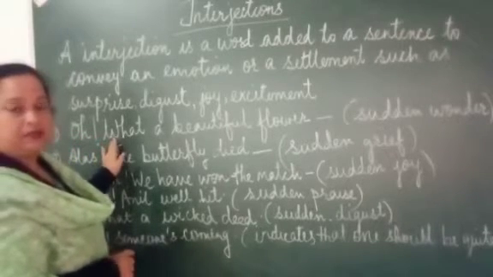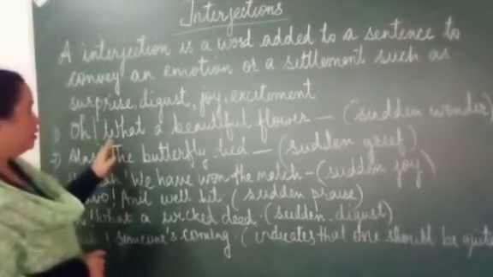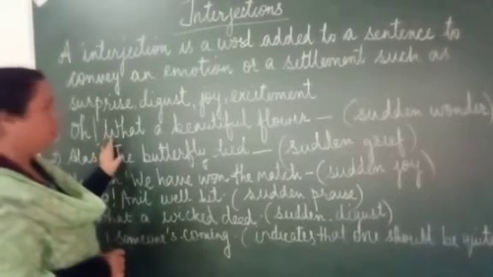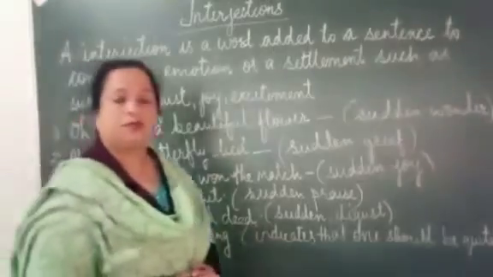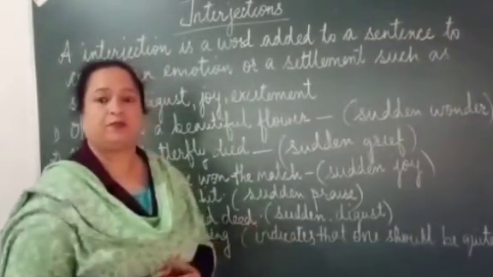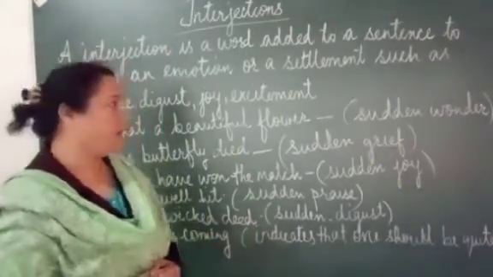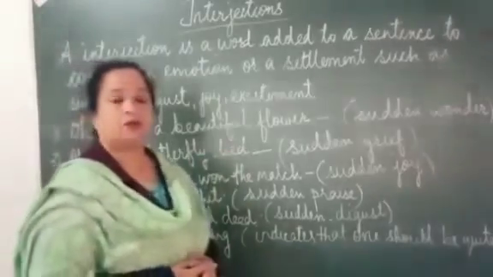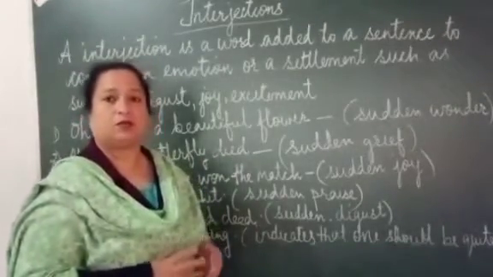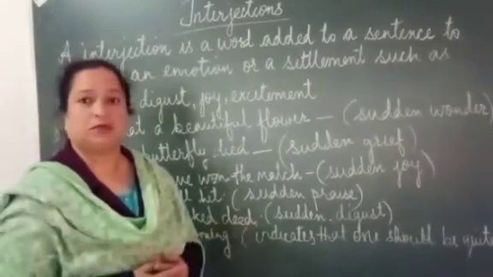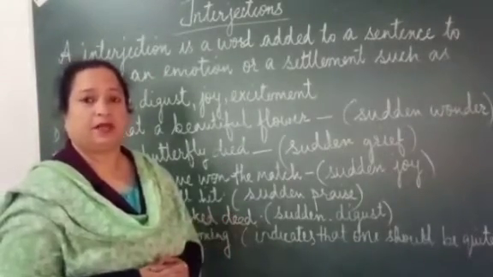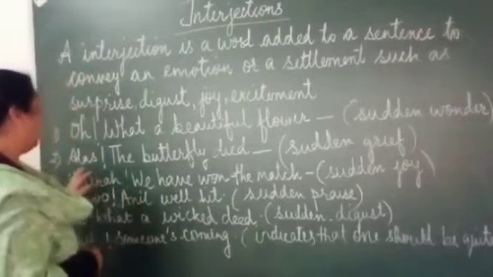When we write the sentence after the exclamation mark, we always begin with a capital letter. What a beautiful flower. So in this sentence, what is being described? The beauty of a flower. So what is this telling us about? This is telling us about sudden wonder. That means I saw something and I was surprised with the beauty of a flower.